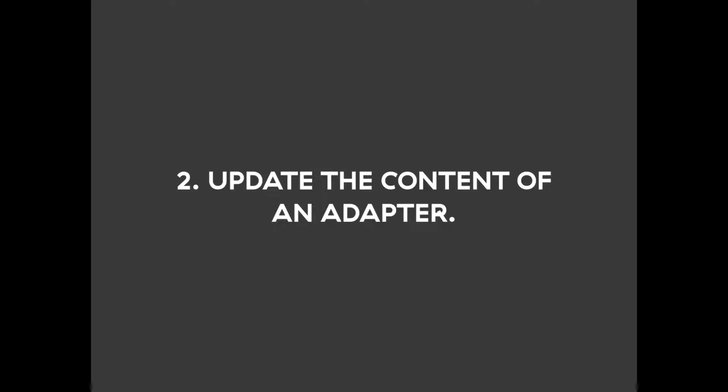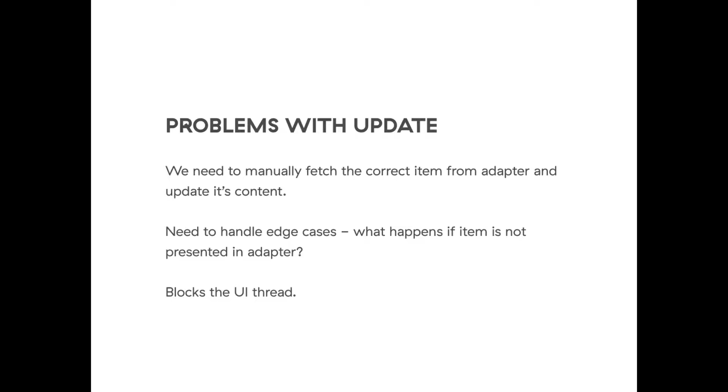The complicated part is when you have to update the content of an adapter. In most cases, when we have to update something in the adapter, we have two lists. We have the original list, which is in the adapter, and we have the new list, which is obtained from, let's say, some external API service. And then you iterate through the original list and compare all the items.